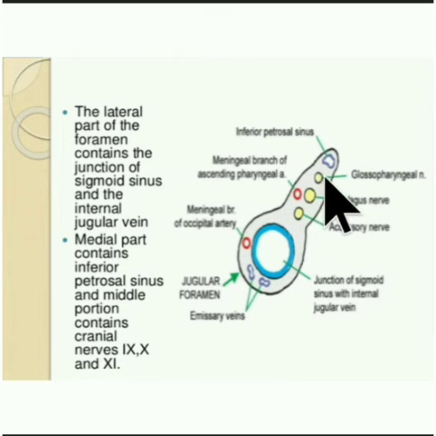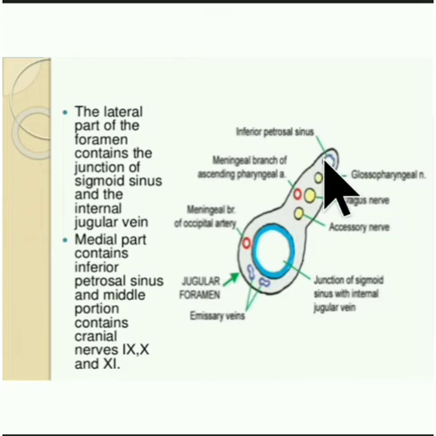tiny plates of bone divide the jugular foramen into three parts: a lateral part, a medial part, and a middle part. The lateral part contains the junction of the sigmoid sinus and the internal jugular vein.